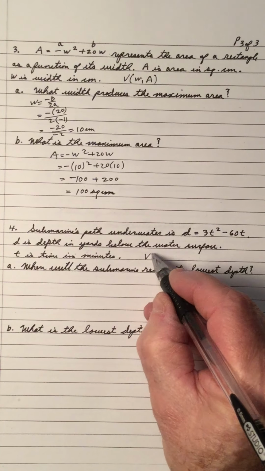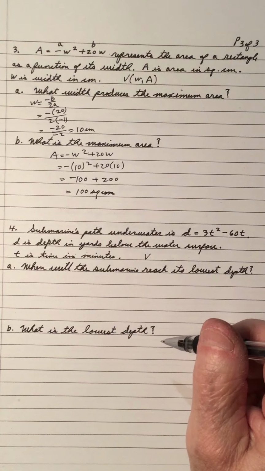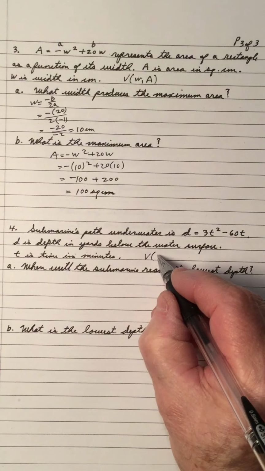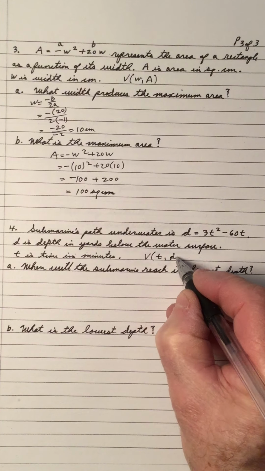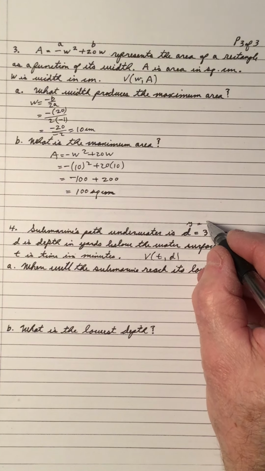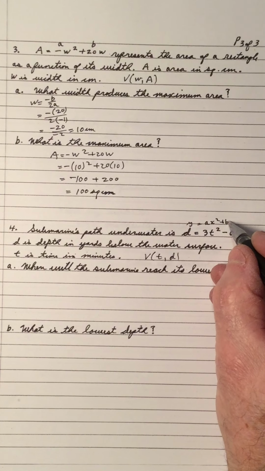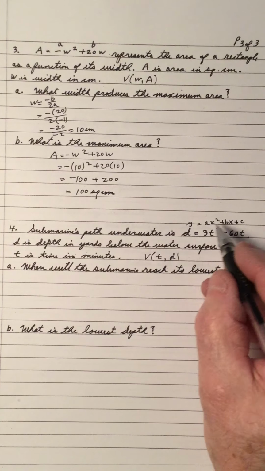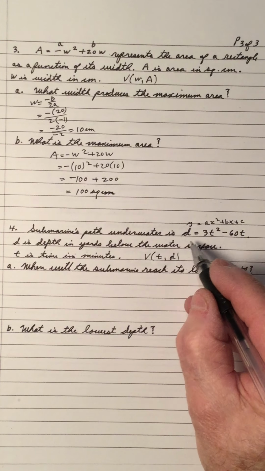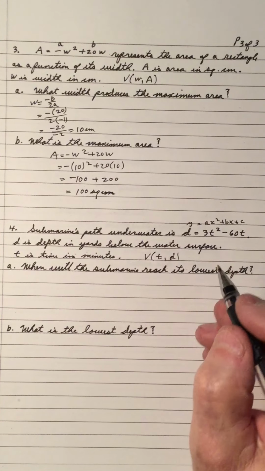Again, we have a vertex because we are talking about the lowest, which is in relation to the minimum. So the vertex is T and D. This is like a Y and an X, like AX squared plus BX plus C. That's how I associate it. This is the Y and this is the X. So T is the X and D is the Y.